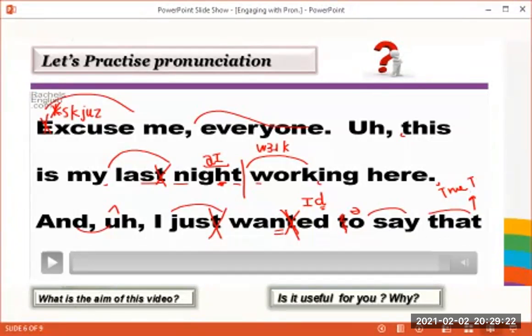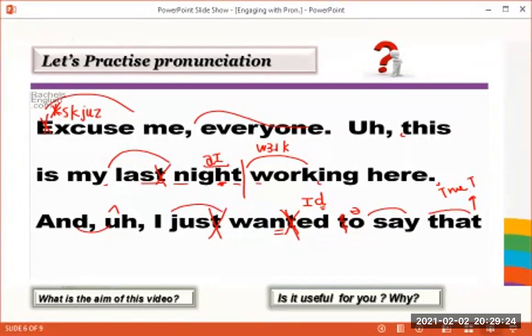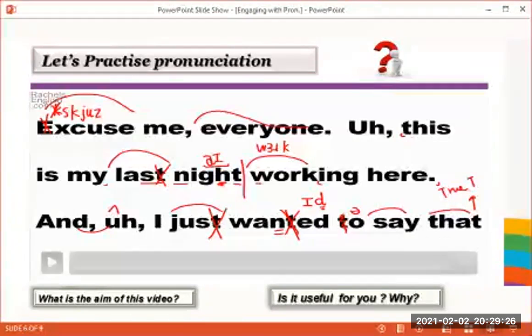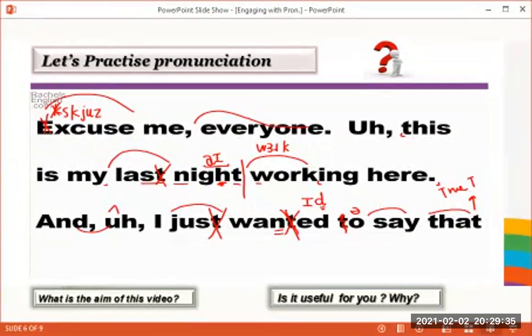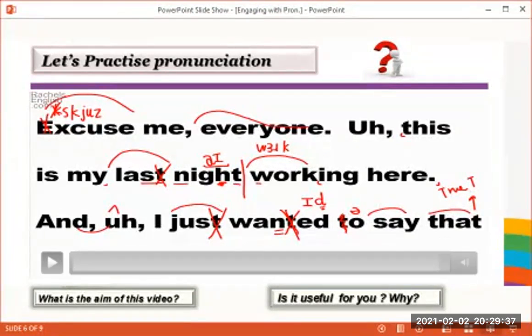Just night working, last night. We have in these sentences T, and the last one she didn't pronounce this, and the last one she pronounced it. Yes. Okay. Just wanted that.